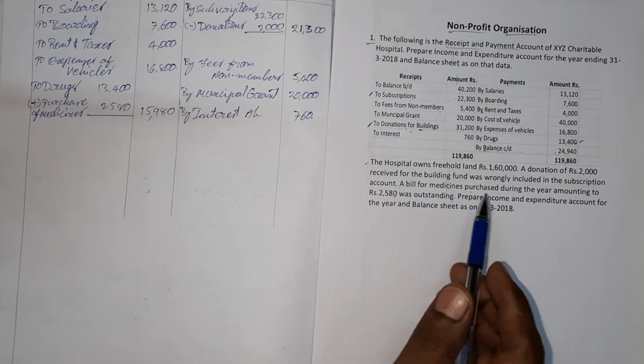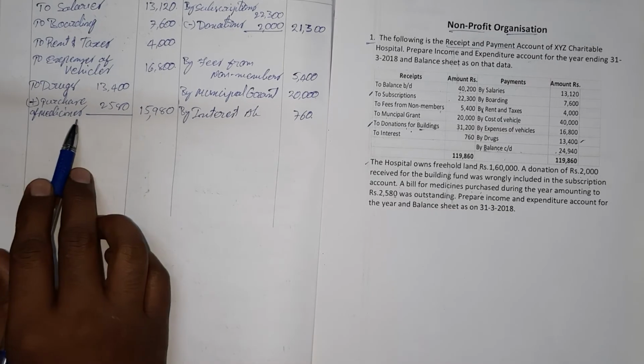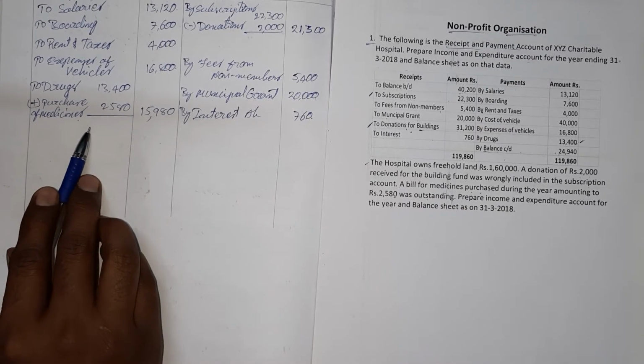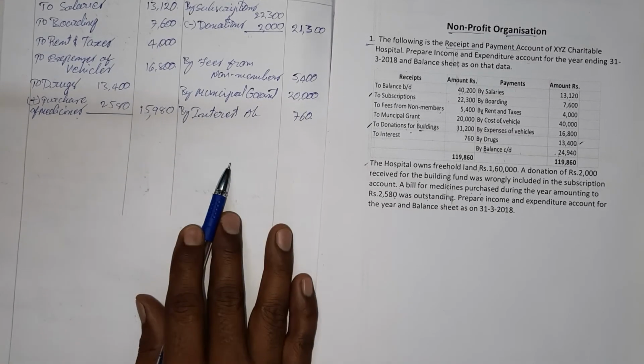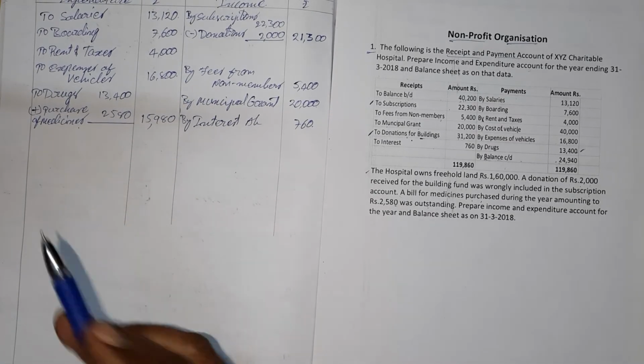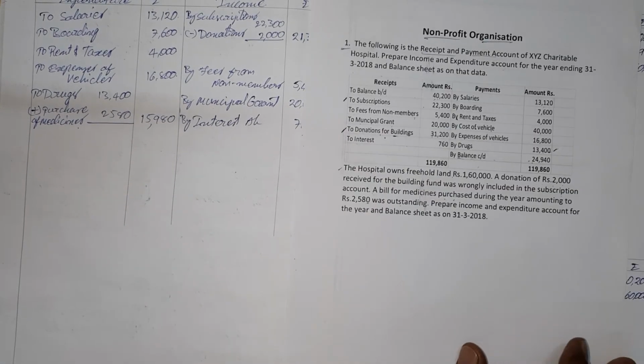So it is a purchase of medicines, so it is expenditure. You can write it on the expenditure side. Still it is not paid, still it is outstanding, so it is a liability.